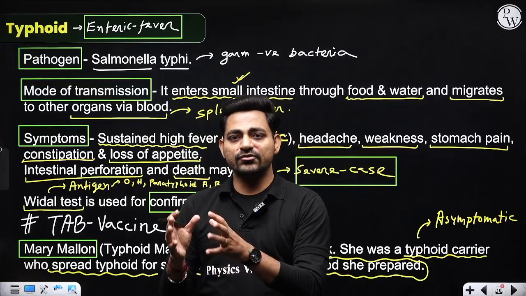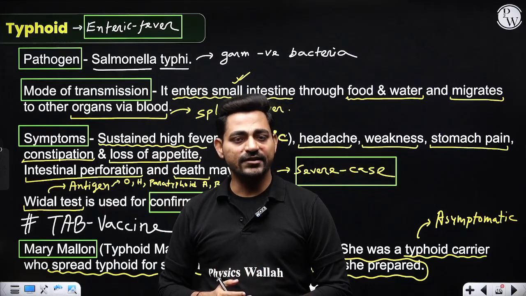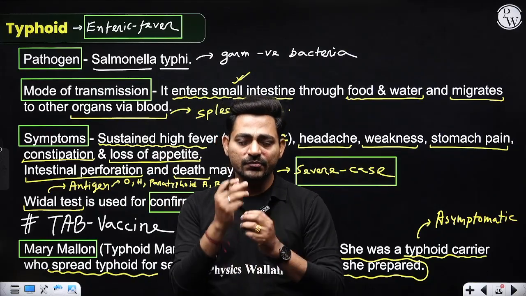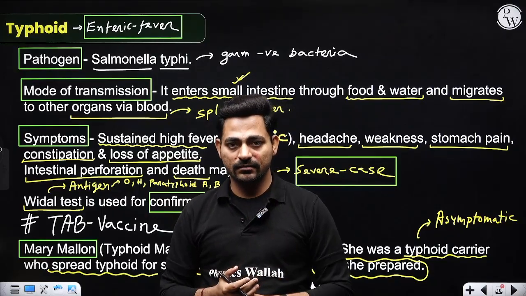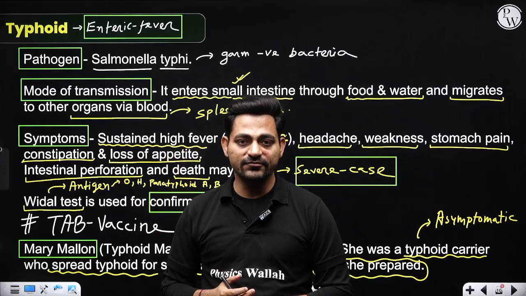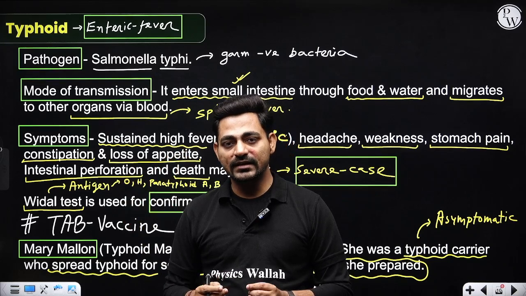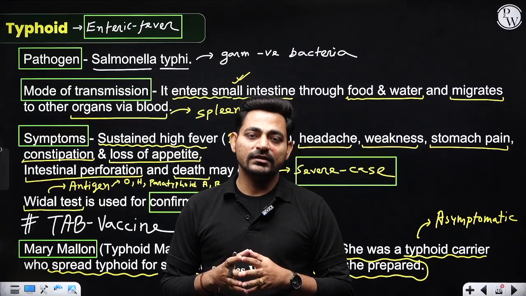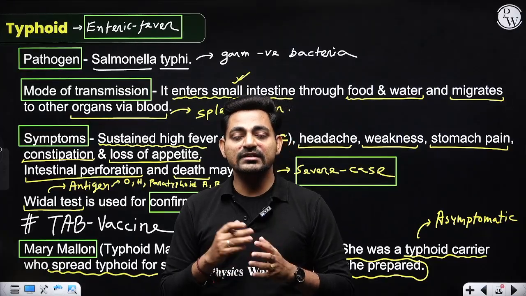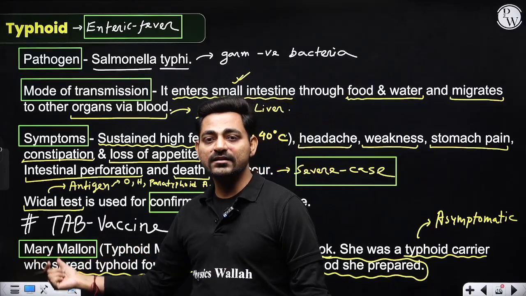So whatever food she used to cook, she used to transfer salmonella bacteria into that. Okay, and the consumers of that food will get this particular bacteria, Salmonella typhi, and they will get the disease typhoid. So this is a classical case of medical history. Remember this name of that particular case study: typhoid Mary, and the name of that cook was Mary Mallon.